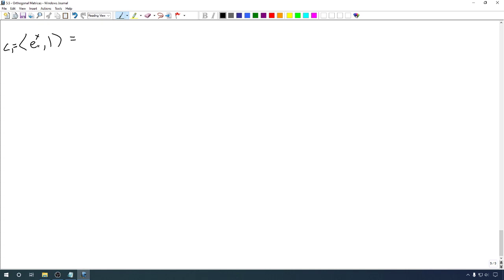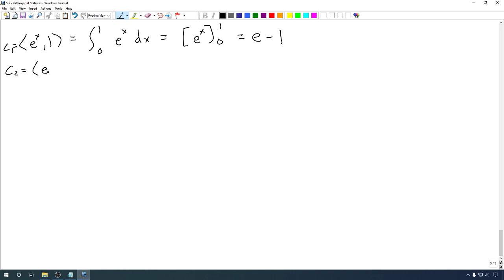C1 is the inner product of e to the x with u1. We have the integral from 0 to 1 of e to the x times 1. That's actually not too bad. It's just e to the x from 0 to 1. When we plug 1 in there, we get e. When we plug 0 in there, we don't get 0. We get 1. So c1 is e minus 1.